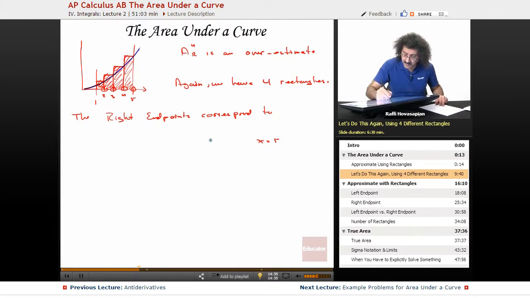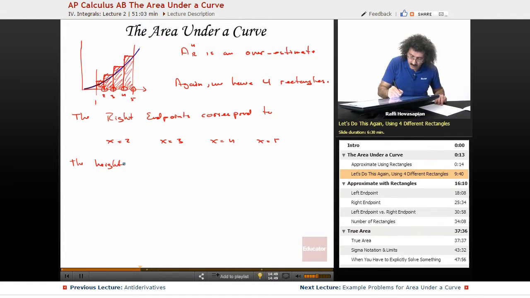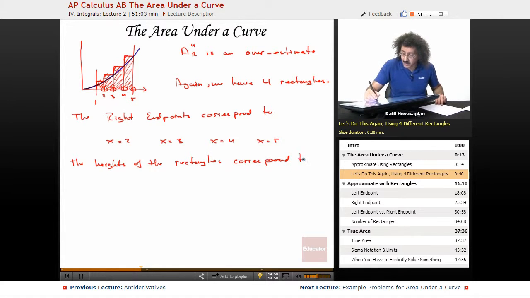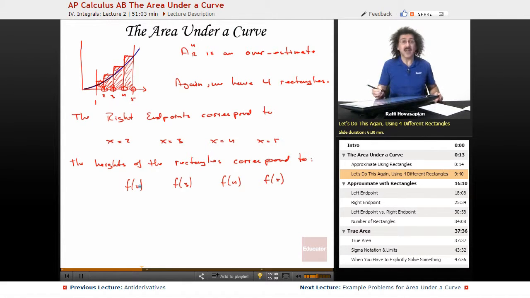So x equals 5, x equals 4, x equals 3, x equals 2, to demonstrate that I actually started from the right working left. And the heights of the rectangles correspond to f of 5, f of 4, f of 3, and f of 2.